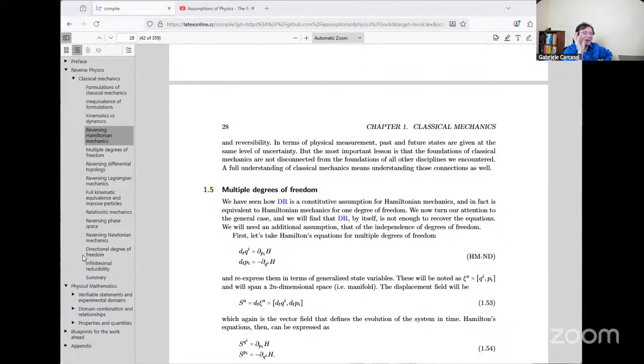Okay, so there is an example that I can give. If you're studying angular momentum, then the phase space is just the positions, and the conjugate variables are the angular momentum in the vertical direction, for example, and the angle.